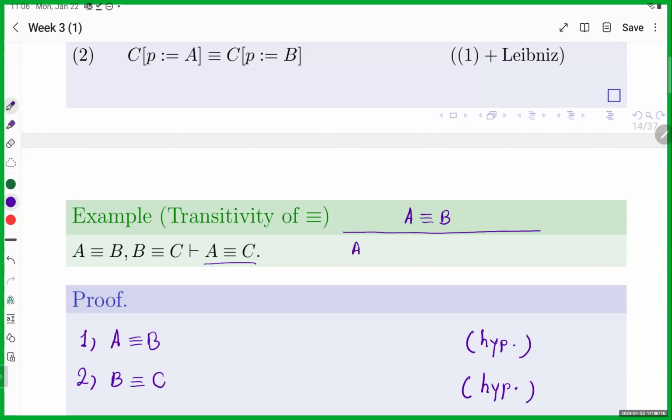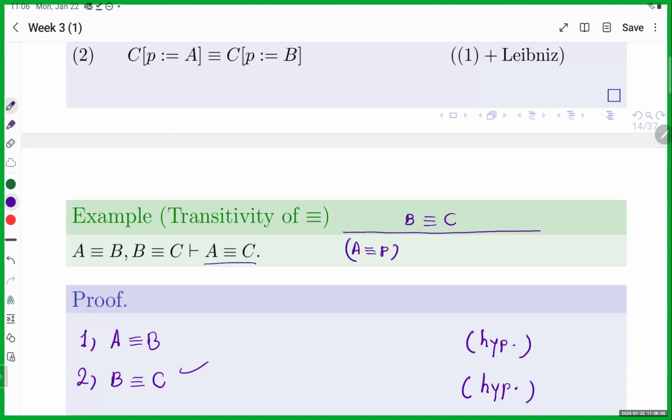I want my C to be, if I take A is equivalent to P, and instead of P I get A equivalent to A is equivalent to A equivalent to... okay, so maybe why don't I use this? I will get A equivalent to B is equivalent to... yes, this will work. All right.